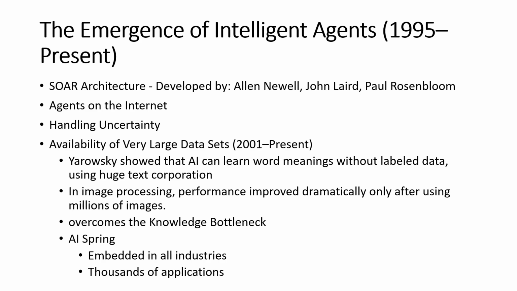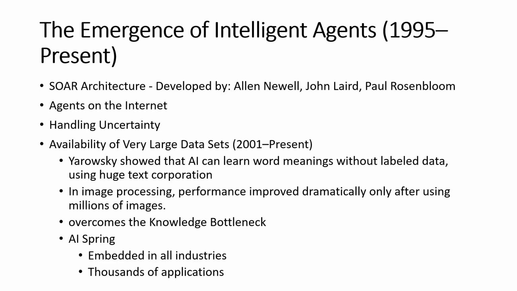So, traditionally, AI systems focused on algorithms, but modern AI shows that more data often matters more than a better algorithm. So, the web provides trillions of words and billions of images.